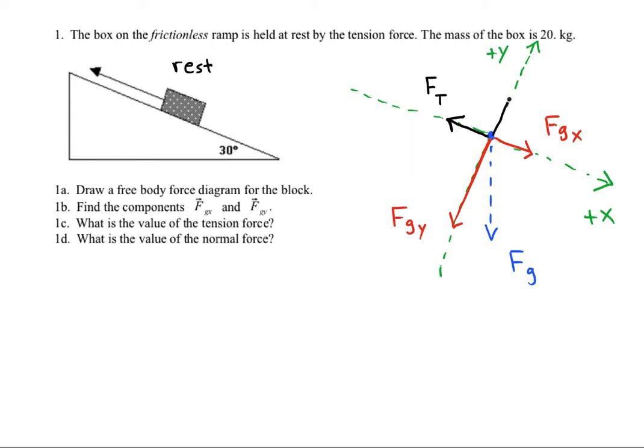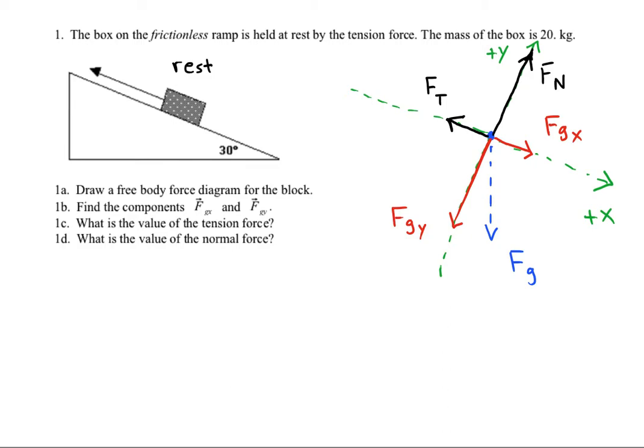Similarly, in order to achieve equilibrium, we need our normal force to be just as large as the Fgy here, but it needs to be in the opposite direction. So it looks like these four are balanced now, and that's what we need.